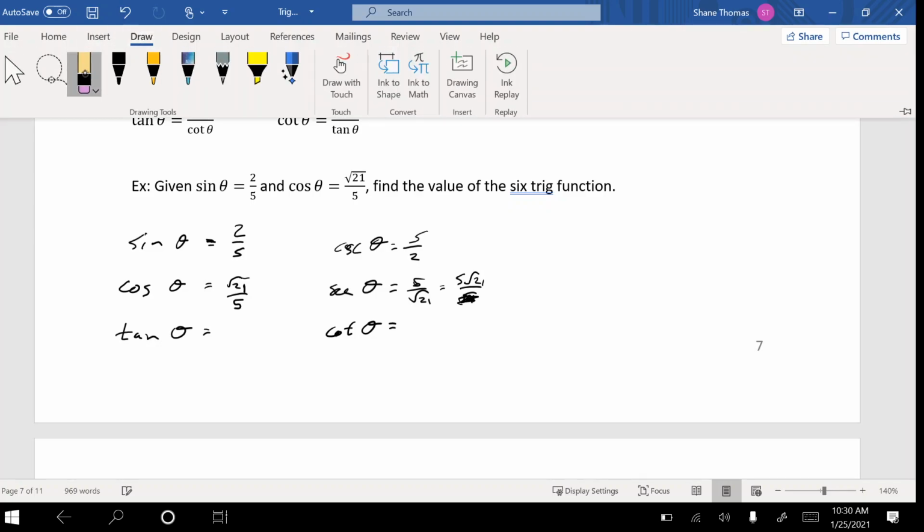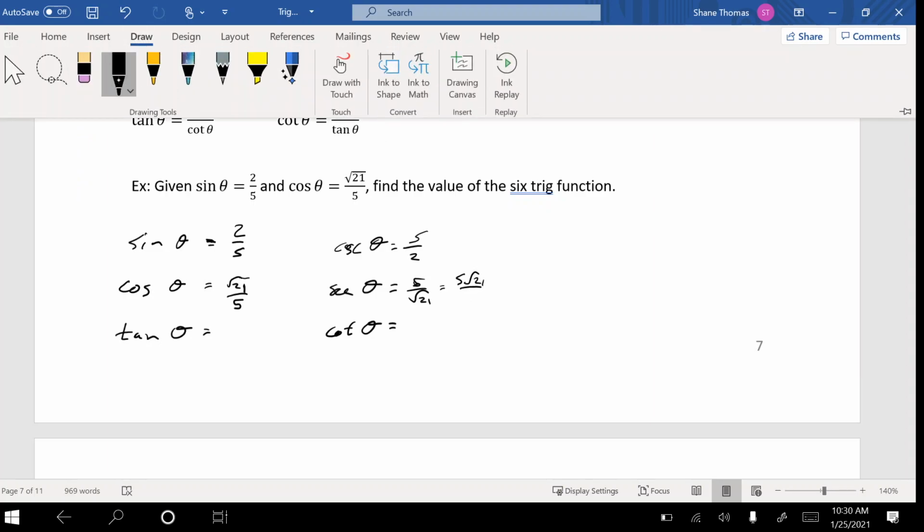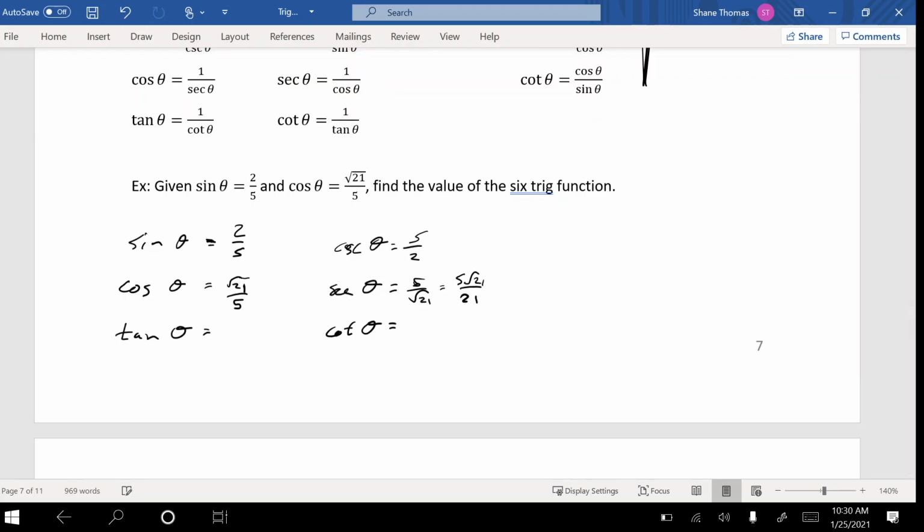And then lastly, I'm just kind of stuck now, right? Those are the easy ones. We just said that tangent was the same as sine over cosine, correct? Sine is 2/5. Cosine is root 21 over 5.